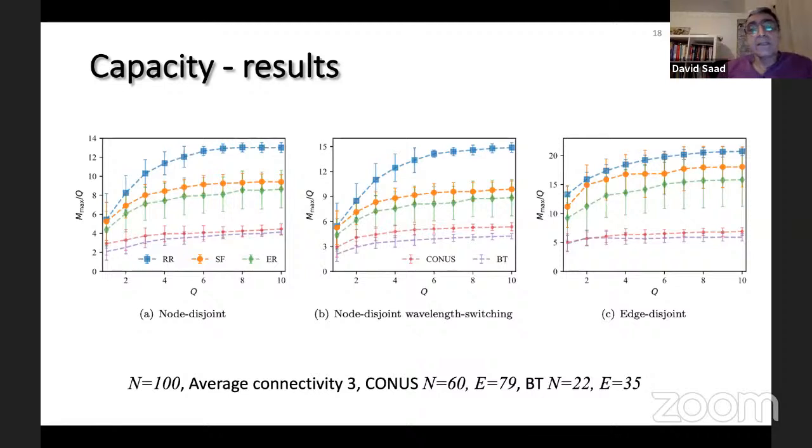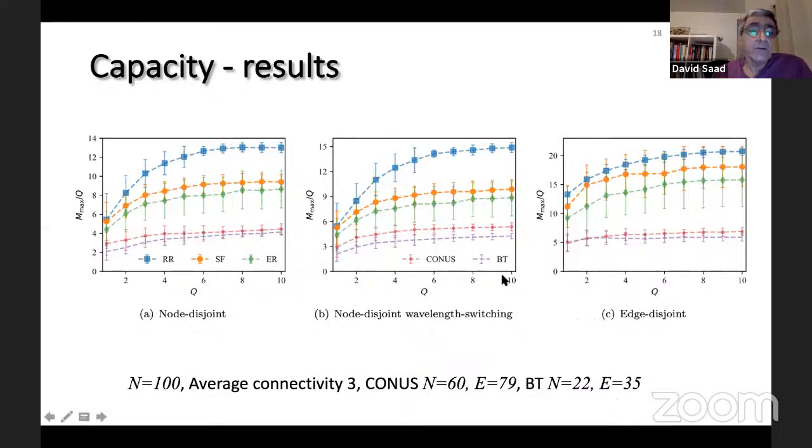We also looked at the capacity, the number of message requests that we can transmit per number of wavelengths, and we obtain these results for node disjoint, wavelength switching, and edge disjoint.